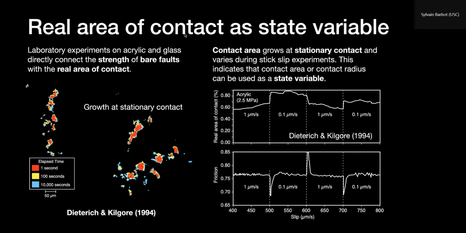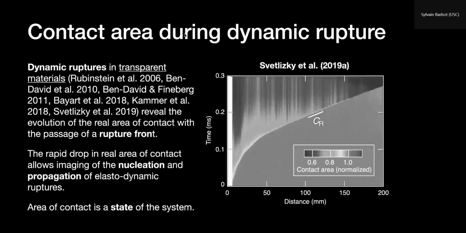So these contacts depend on normal stress, they depend on time, they depend on sliding velocity. So all of these experiments seem to imply that the area of contact is a state variable for rate and state dependent friction. So this was in the 90s.